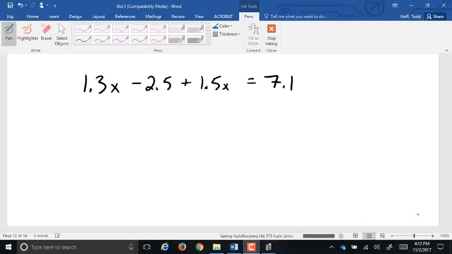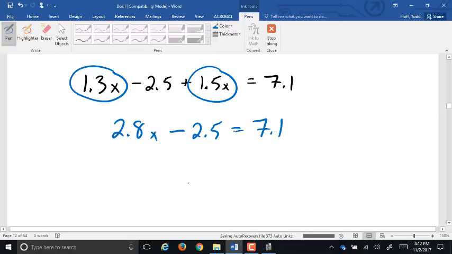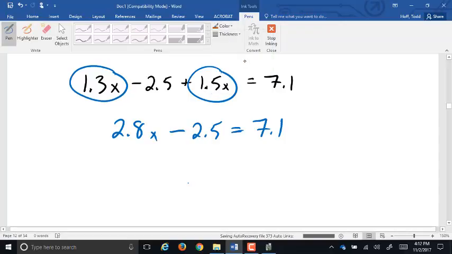So what do we have to do first? Combine the x's. 1.3x and 1.5x make 2.8x. So 2.8x minus 2.5 equals 7.1. And then add the 2.5, yes.